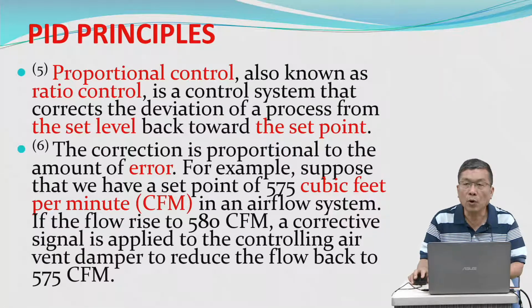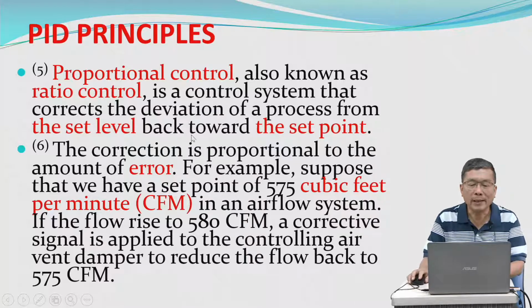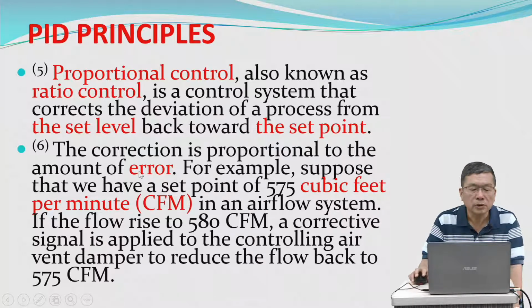Proportional control, also known as ratio control, is a control system that corrects the deviation of a process from the set level back toward the set point. The correction is proportional to the amount of error.